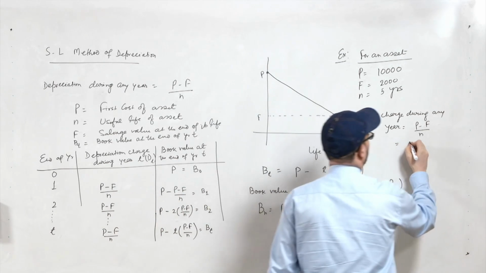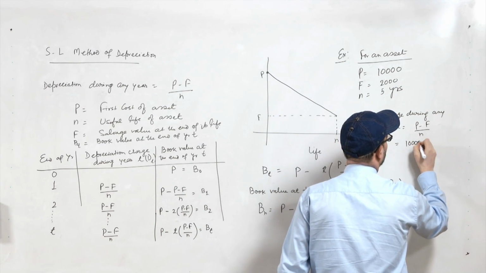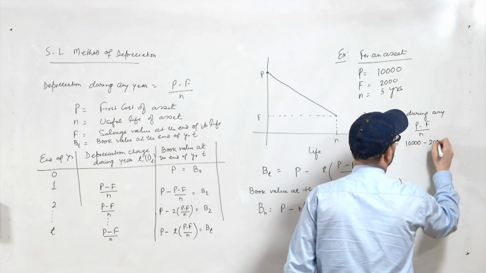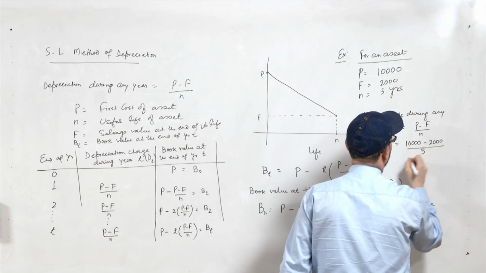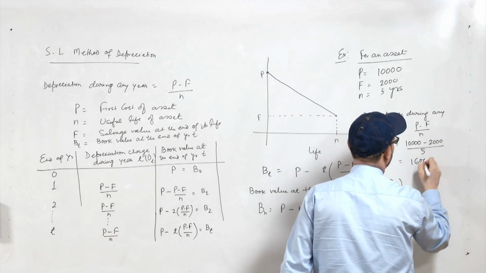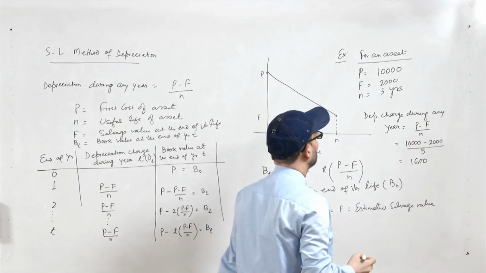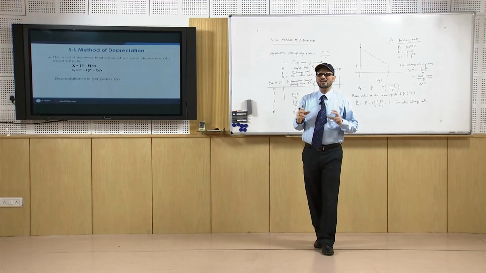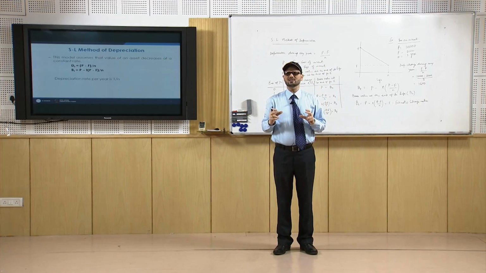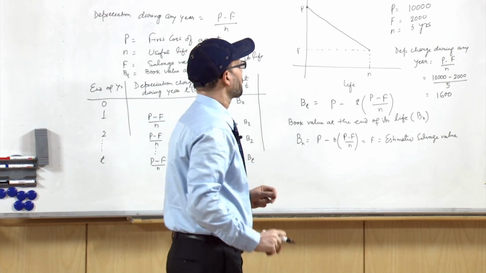So it will be (10,000 minus 2000) divided by 5, which is 1600. This is how you calculate the depreciation charges in the straight line method.